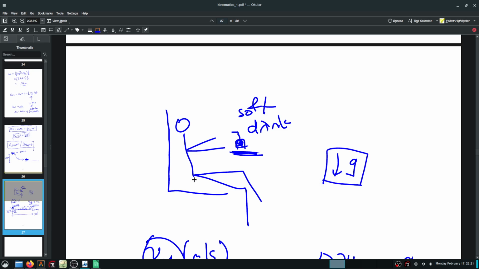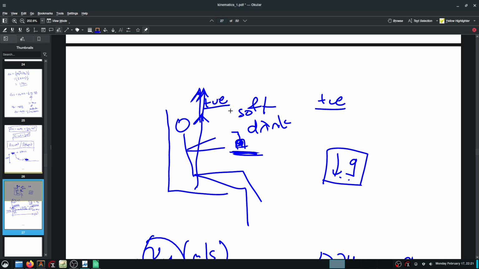Everyone feels this, but to keep your body in position, your chair has to push back up on you. It's giving you positive acceleration upwards to counteract gravity, provided you stay in one place or at constant velocity. So if you have positive acceleration upwards, this force pushing your body upwards will be stronger.